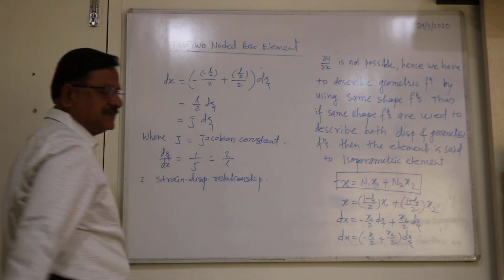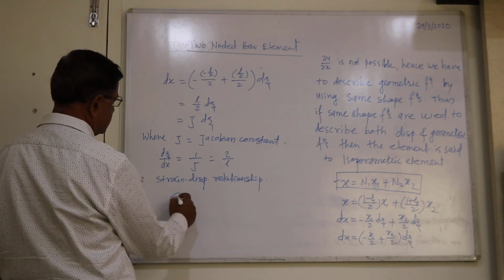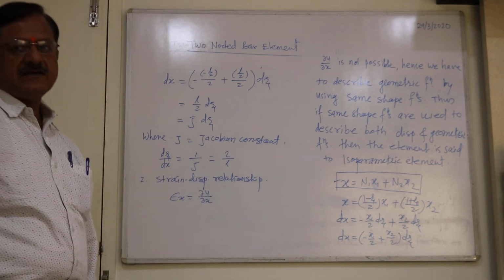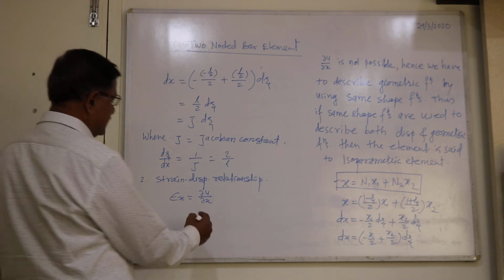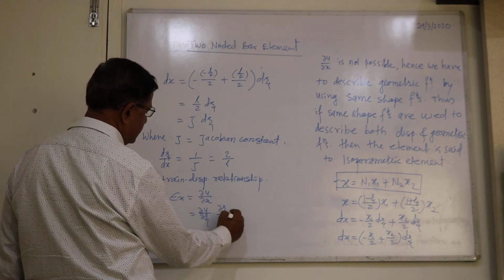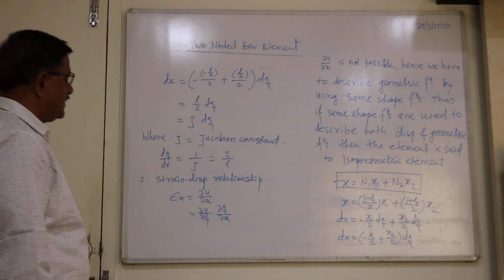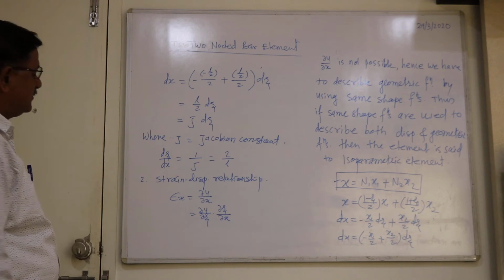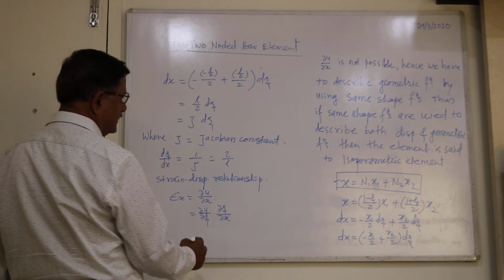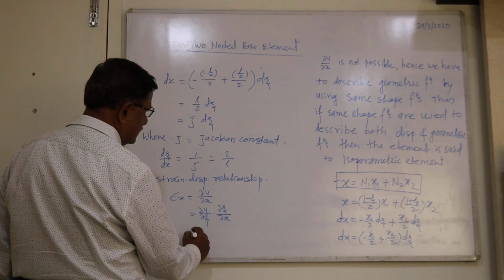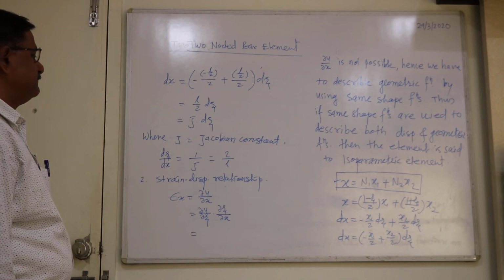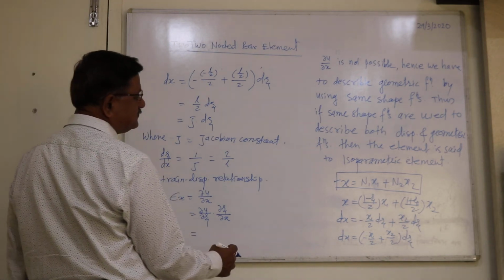For a 1D element, epsilon x is dU by dx. Now we can write this as dU by dxi and dxi by dx. Now this is possible. So dU by dxi we can differentiate.